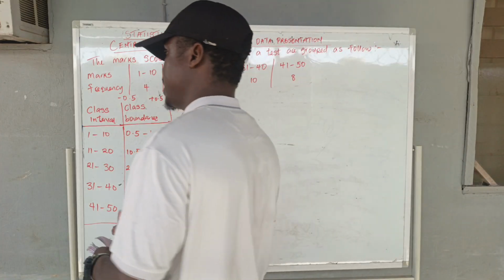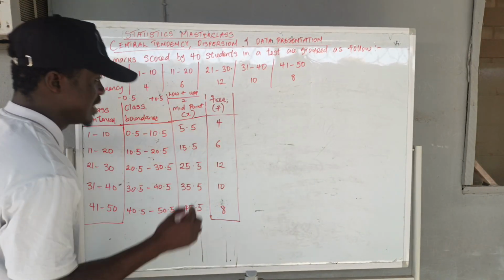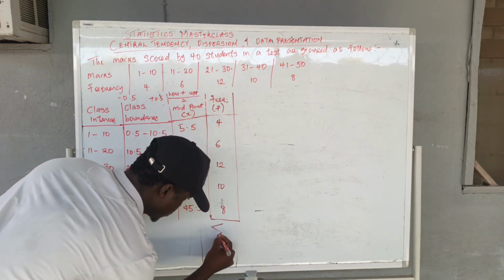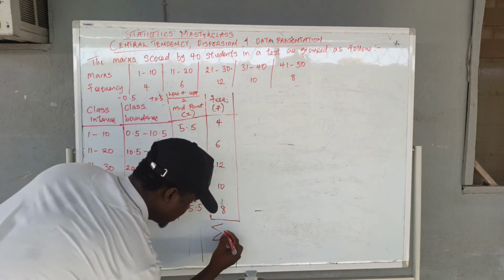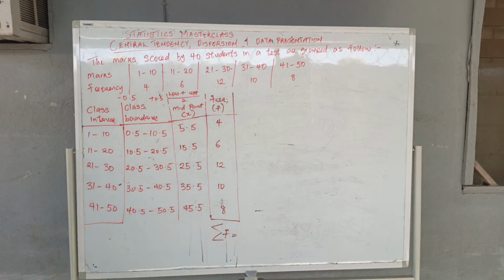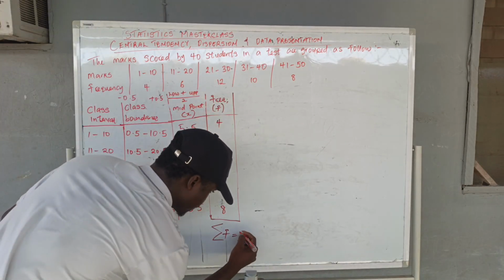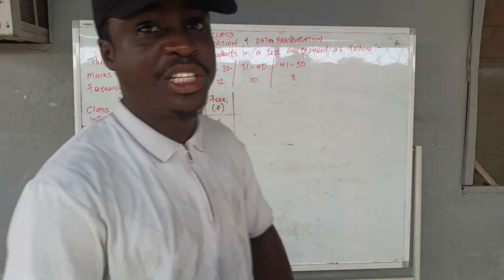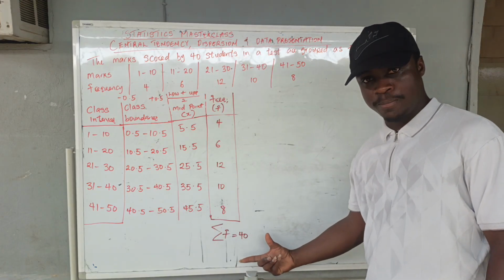The symbol for summation is written as sigma. So if you are summing f, it means we are adding all the values in the column together, and this gives us 40.